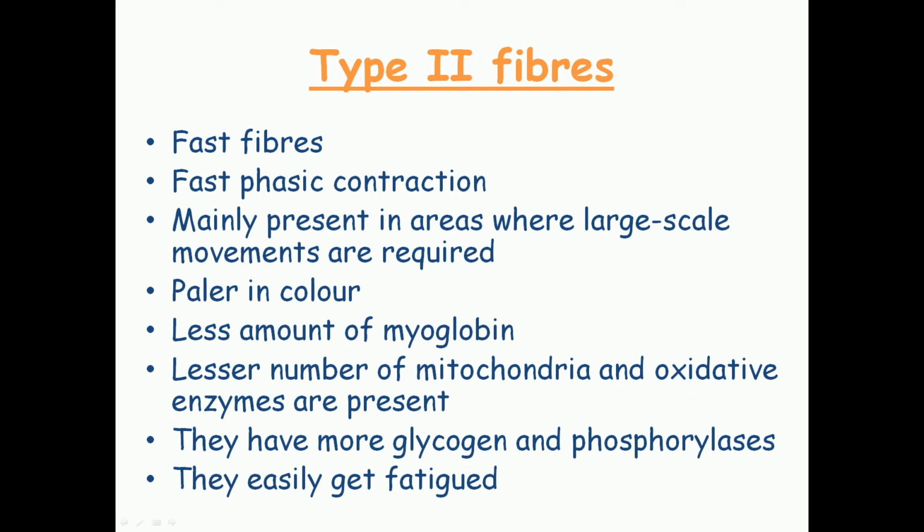They also have fewer mitochondria and oxidative enzymes compared to the type 1 fibers. They have more glycogen and phosphorylases. They easily get fatigued because they involve glycolytic pathways for energy production, as compared to type 1 fibers, which use oxidative pathways.